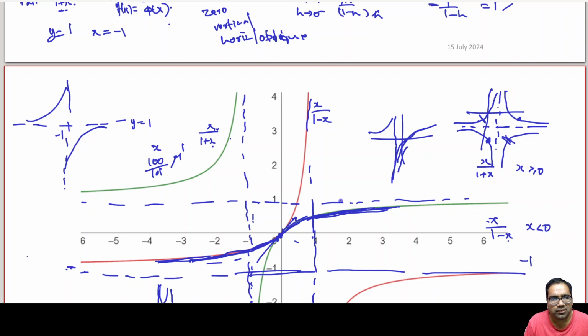So that's why we are approaching this horizontal asymptote from the bottom. That means it is becoming 0.9, 0.99, 0.999, whatever. So that's why this graph, when x is very large, will try to approach it from the bottom, right?